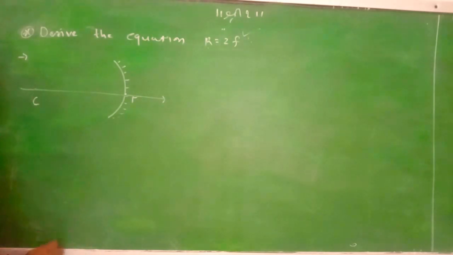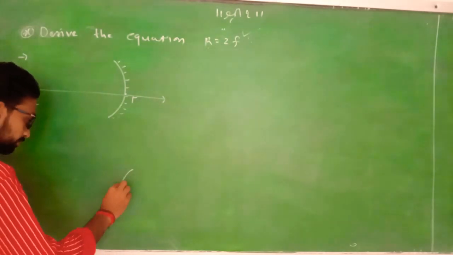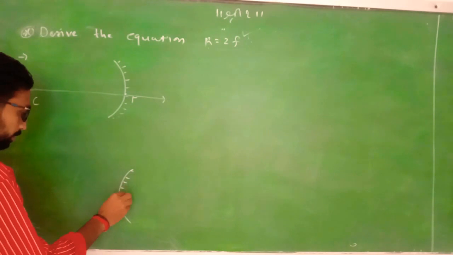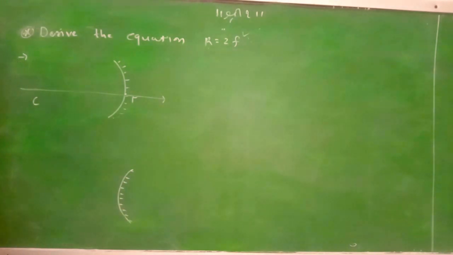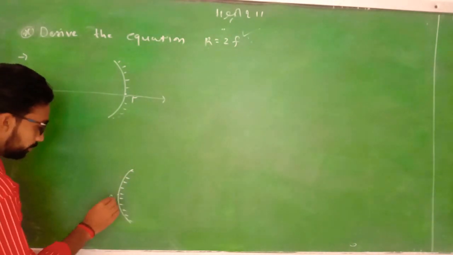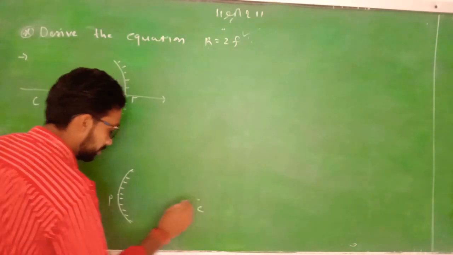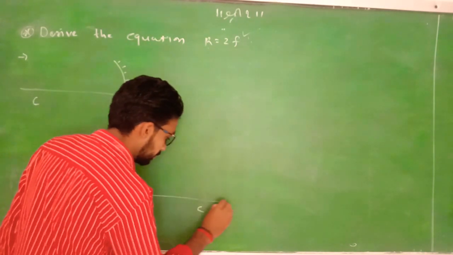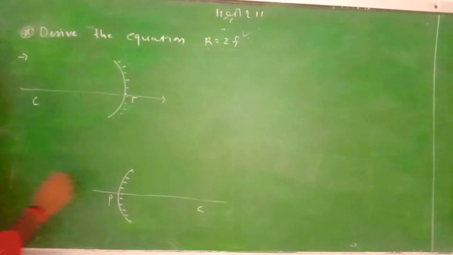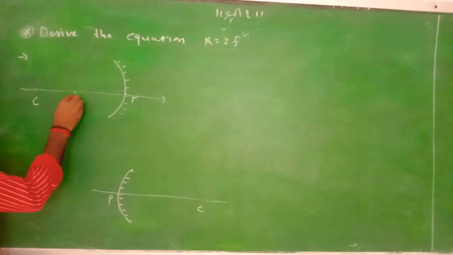Now, under the same conditions, we derive the equation for the convex mirror. This is the pole, center of curvature, and this is the principal axis. This is the concave mirror, this is the convex mirror, this is the principal focus.